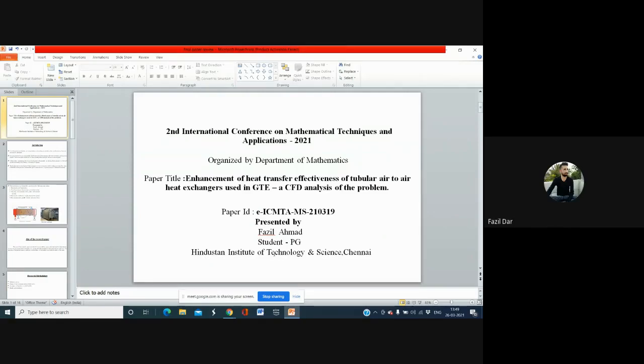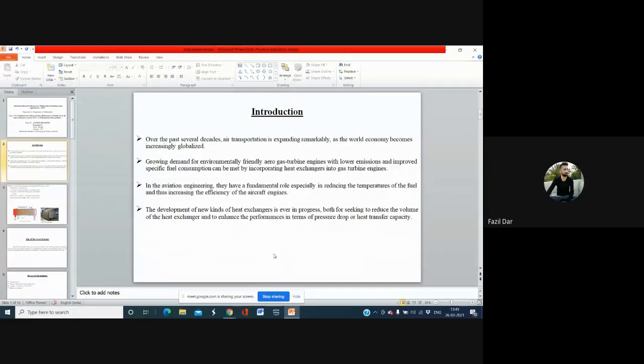In the introduction, the growing demand for environmentally friendly aero gas turbine engines with lower emissions and improved specific fuel consumption can be met by incorporating heat exchangers into the gas turbine engine. The development of new kinds of heat exchangers is ever in progress, both to reduce the volume of heat exchangers and to enhance performance in terms of pressure drop or heat transfer capacity.